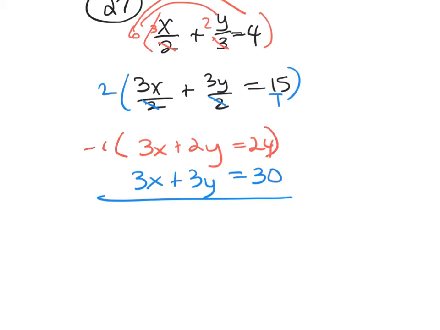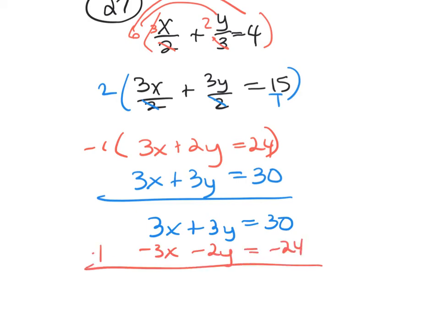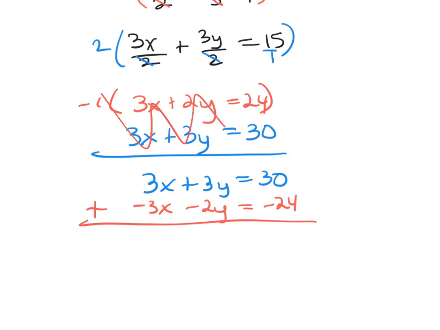Okay, so let me just rewrite the blue one. So 3x plus 3y equals 30. Distribute the negative 1. So now I'll add them. That's gone. I get y equals 6.